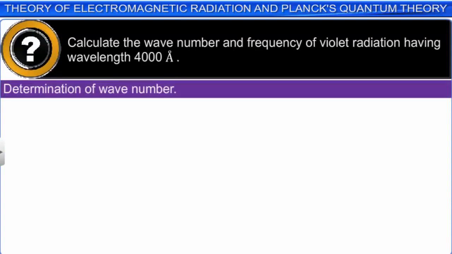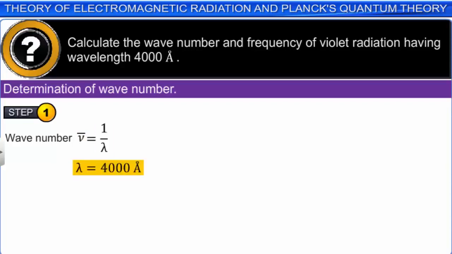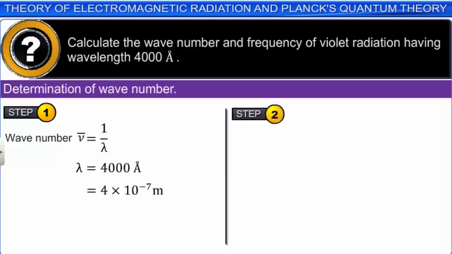The first step involves writing the formula to calculate wave number, that is, nu bar equals 1 by lambda. The given lambda value is 4000 angstroms, which is equal to 4 multiplied by 10 raised to the power of minus 7 meters. The second step involves substituting the value of lambda in this equation.